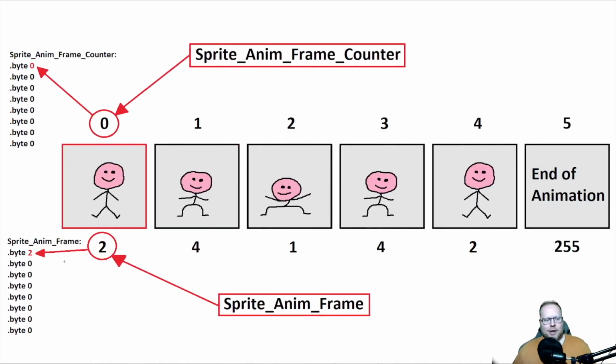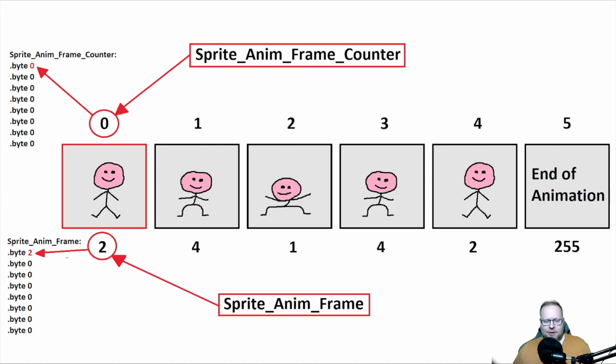So that's why I made this extra table, to keep track of what graphic number this sprite currently has. Now the reason I said that it's a little overkill, we can do a little optimization, we're going to come back to that in a second.